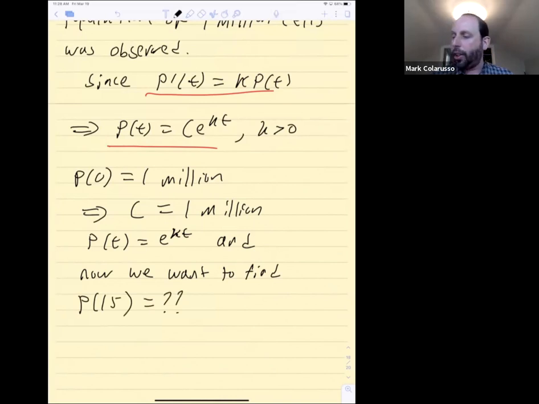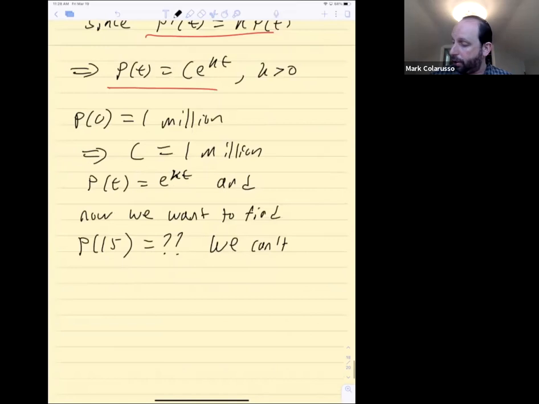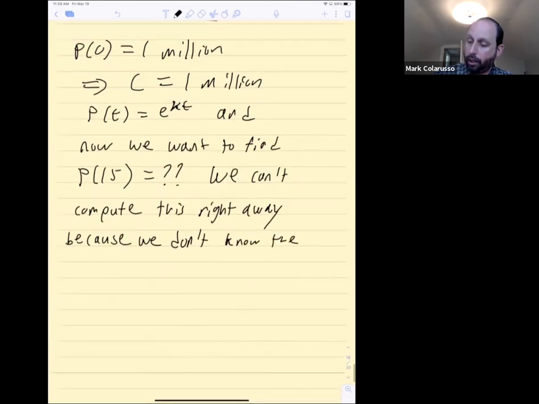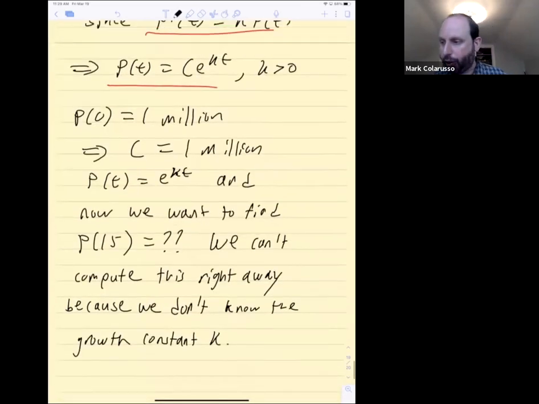The tricky thing here is we don't know the K. We can't do this directly, or we can't compute this right away, because we don't know the growth constant K. But there's some information in the problem that helps us find it.